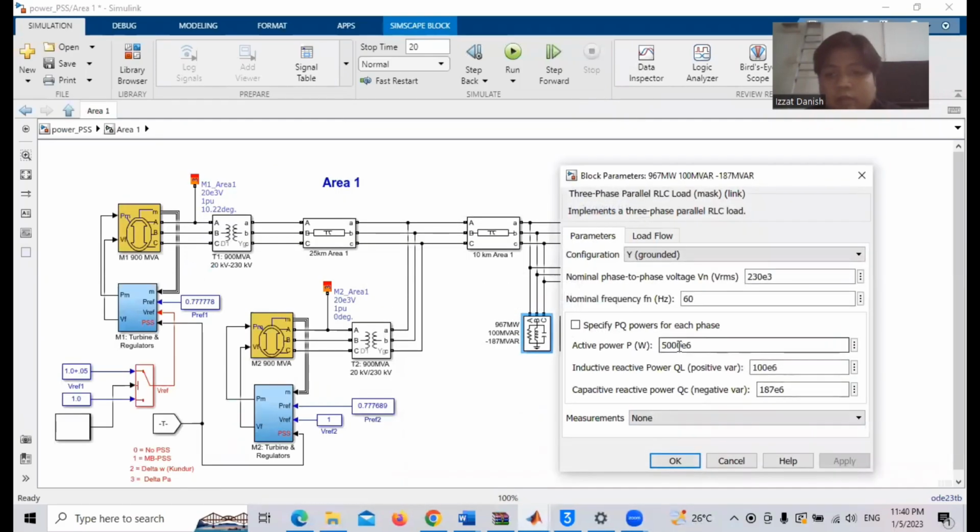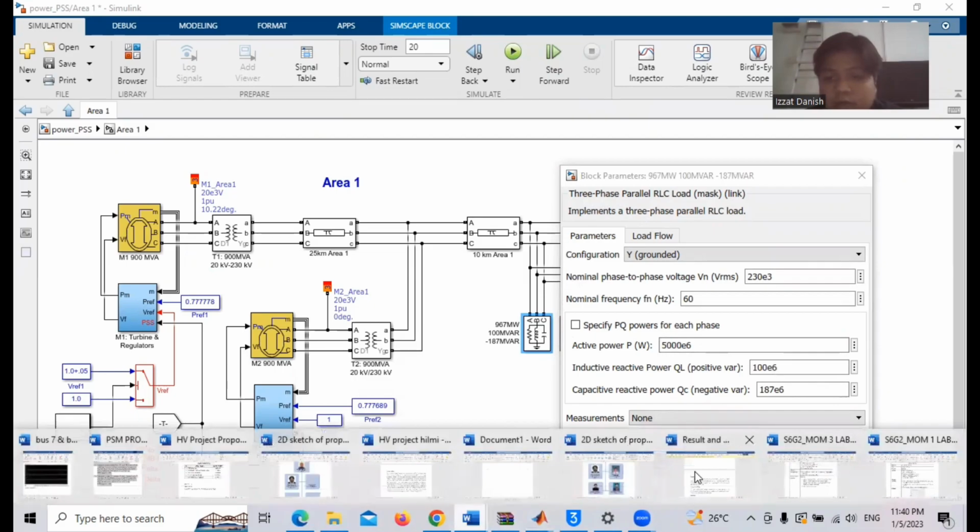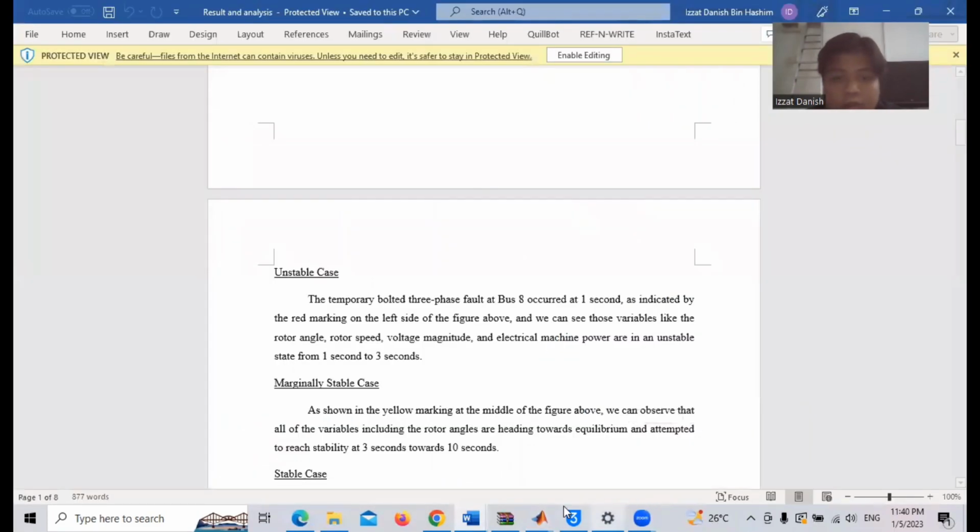For the increment, our group increased it, and you can see the lab report first.